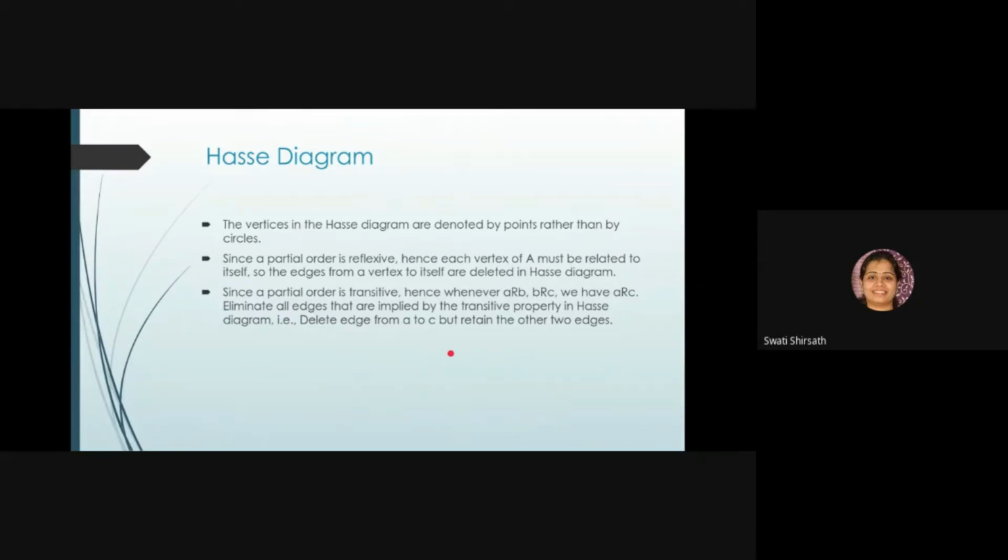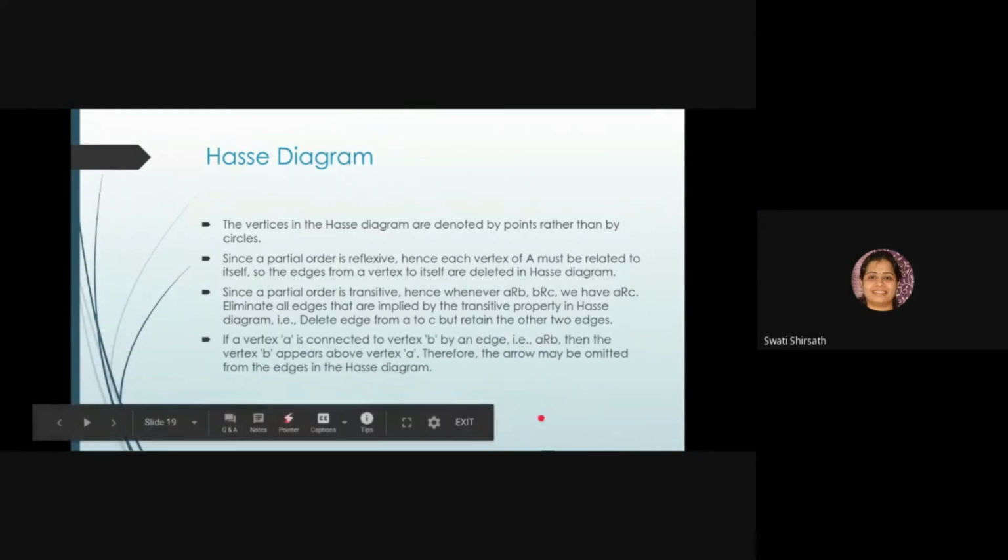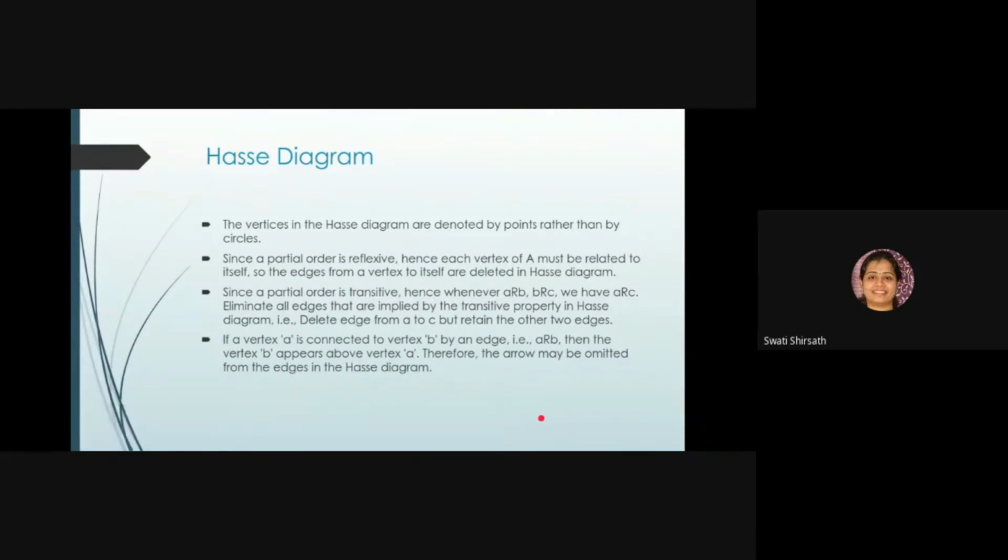As we won't be showing reflexivity, it means the antisymmetric property is also not shown explicitly. If a vertex A is connected to vertex B by an edge, then vertex B appears above vertex A. Therefore, the arrow may be omitted from the edges in the Hasse diagram.